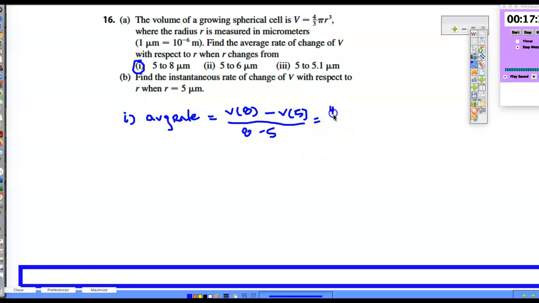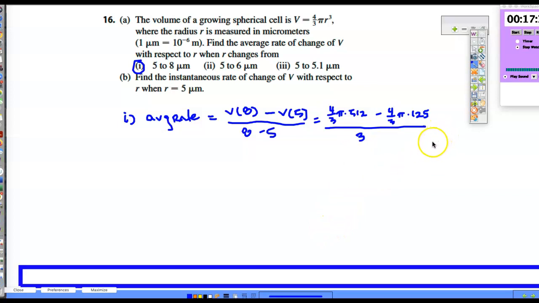So this is going to be 4/3 pi times 8 to the third power, which is 512, minus 4/3 pi times 5 to the third, which is 125. And 8 minus 5 is going to give you 3.